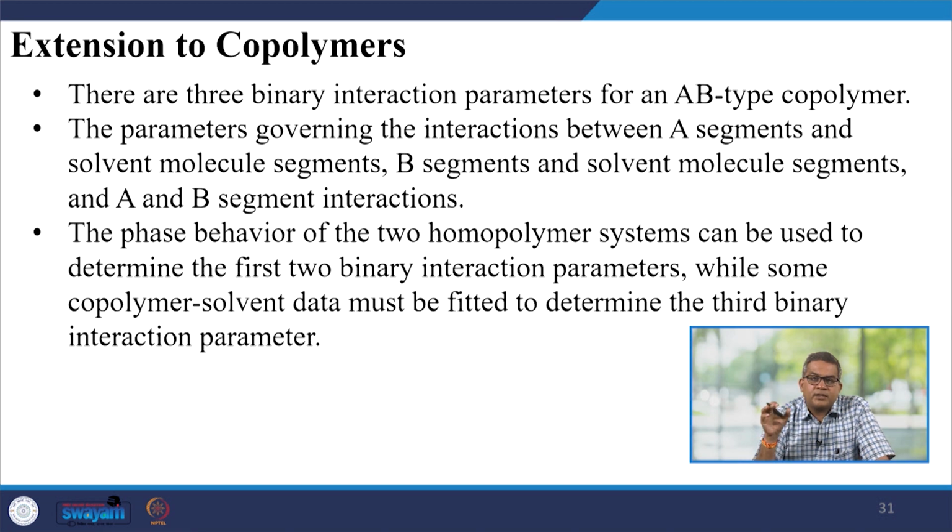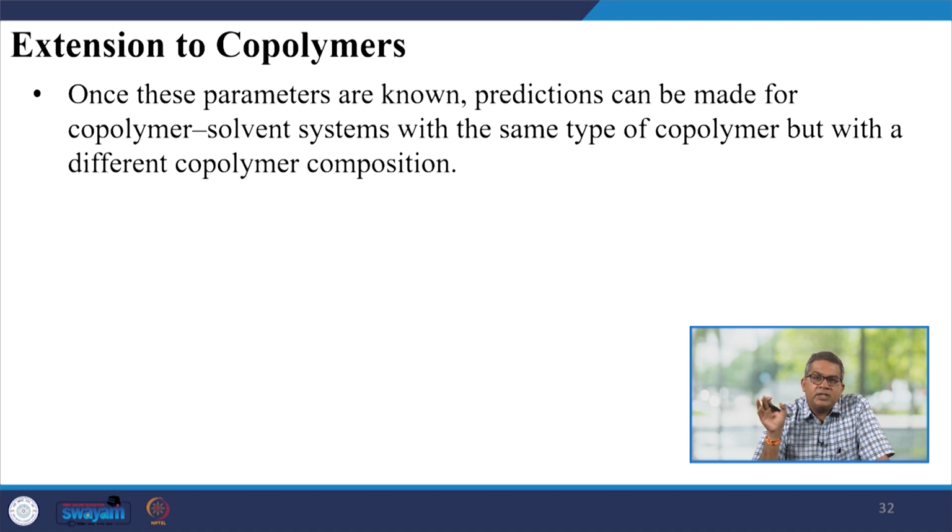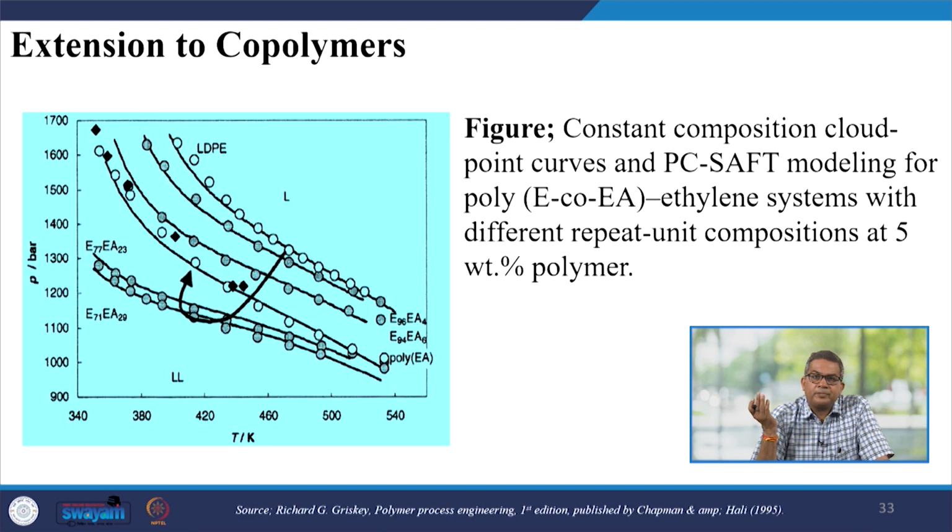So, the phase behavior of two homopolymer systems can be used to determine the first two binary interaction parameters, while some copolymer solvent data must be fitted to determine the third binary interaction parameter. Now, once these parameters are known, predictions can be made for copolymer solvent systems with the same type of copolymer but with a different copolymer composition.